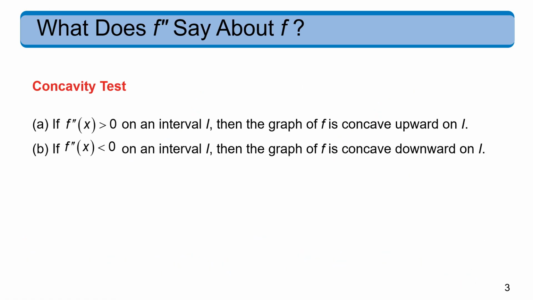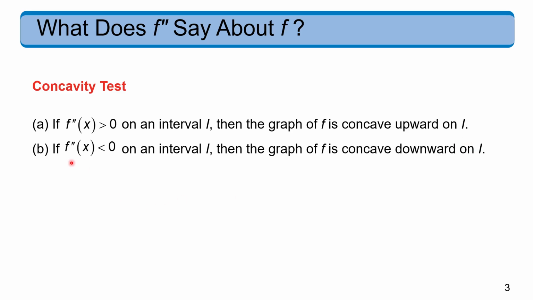Here we'll summarize the observation we just made in what's called the concavity test. If the second derivative is positive on some interval I, that means the graph of f is concave up on that same interval.